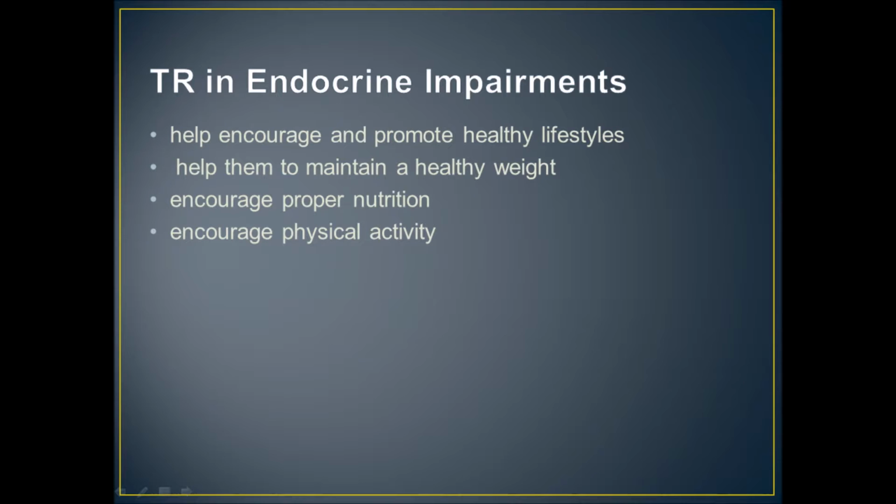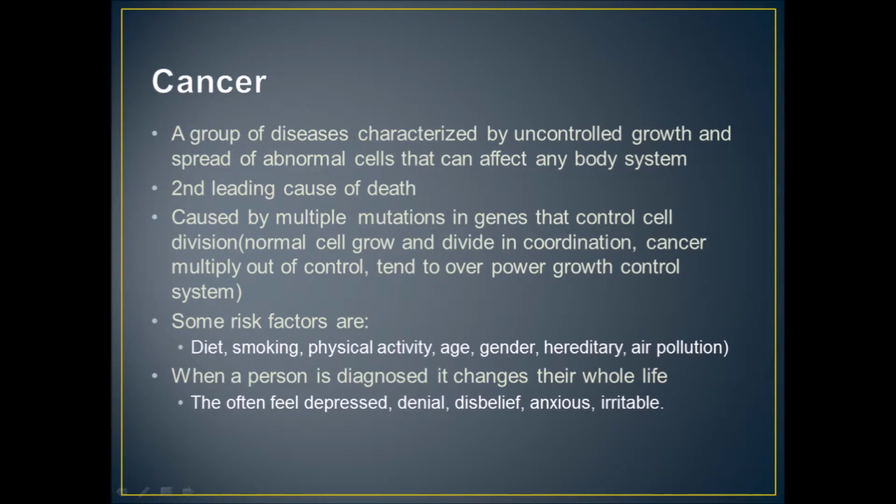So our next group is cancer, and cancer is a group of diseases characterized by uncontrolled growth and spread of abnormal cells that affect any body part. It's also known as the second leading cause of death. It's caused by multiple mutations in genes that control cell division. Normal cell growth is divided in coordination.